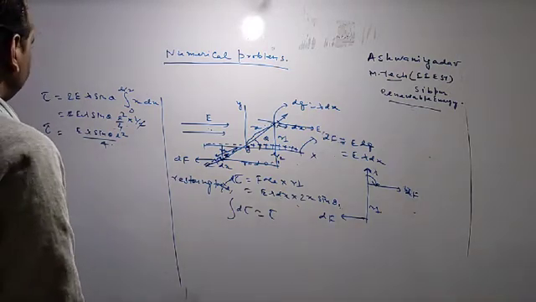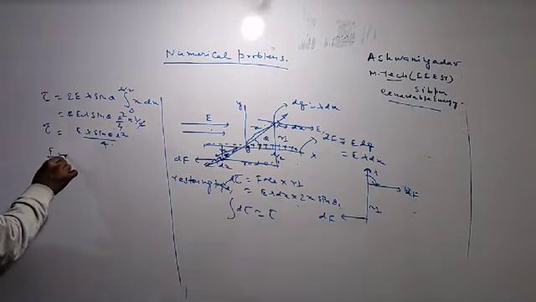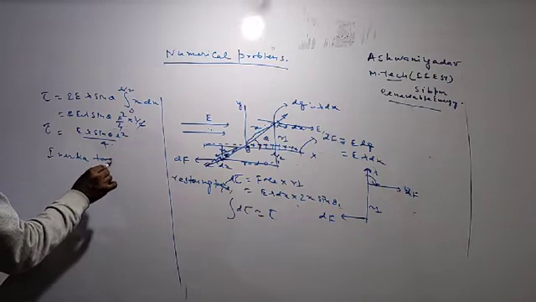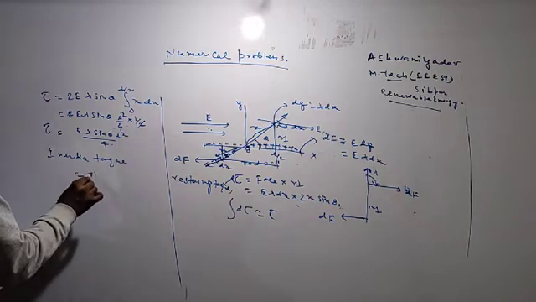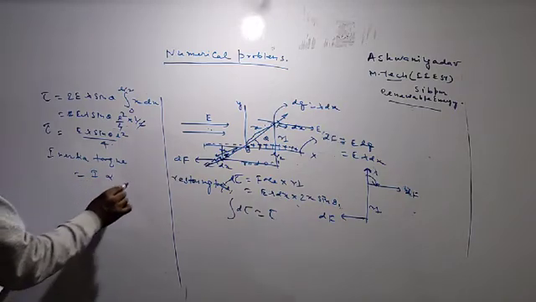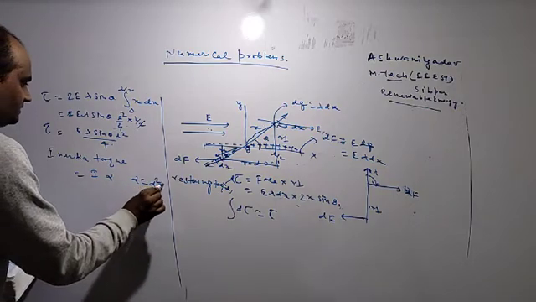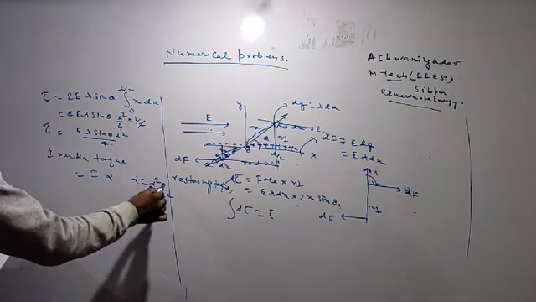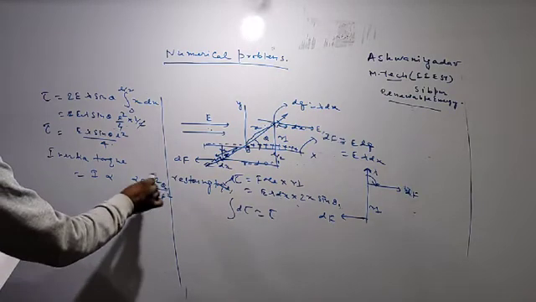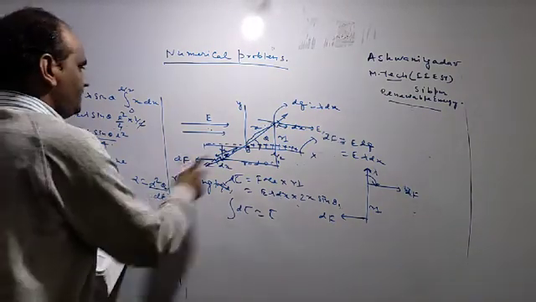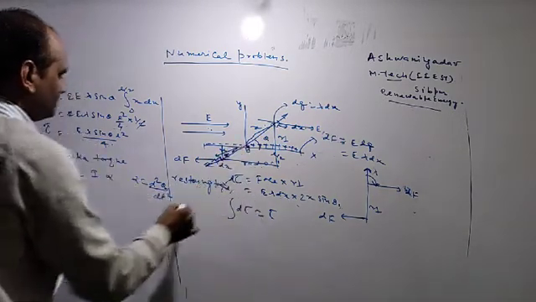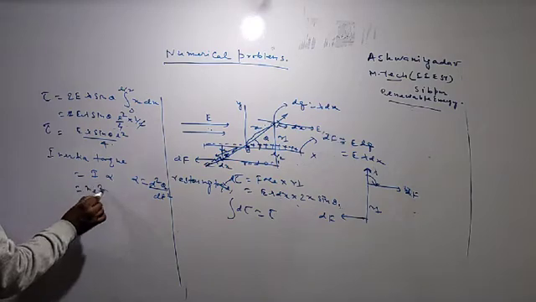Now the inertia torque. This is nothing but I into alpha, and alpha is equal to d2 theta by dt square. This is angular displacement. Differentiate it twice, and you find the angular acceleration. Now I, about this midpoint, is ml square by 12.